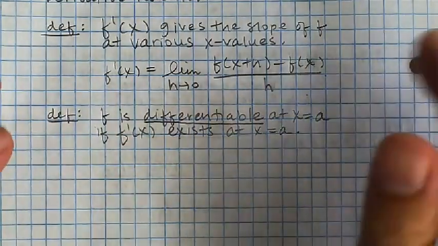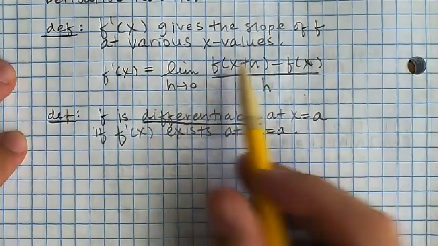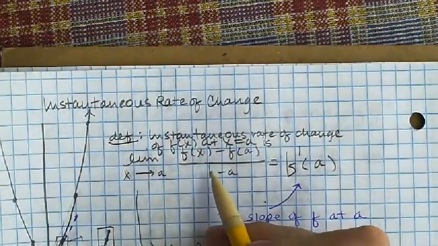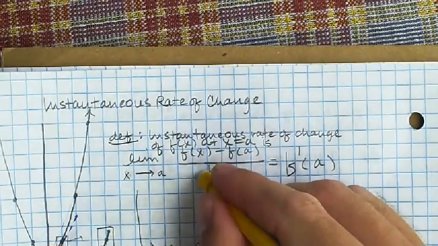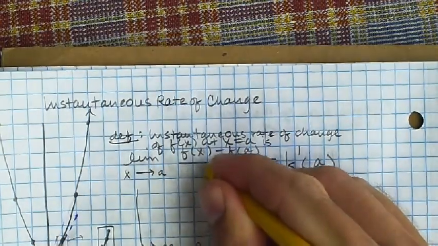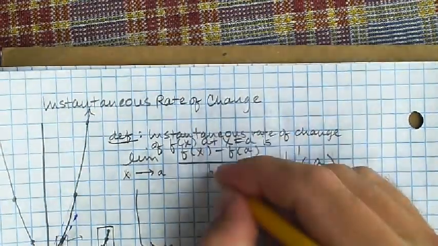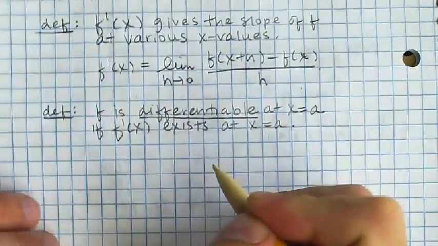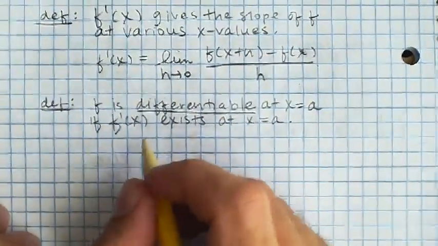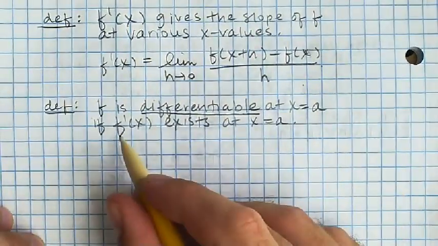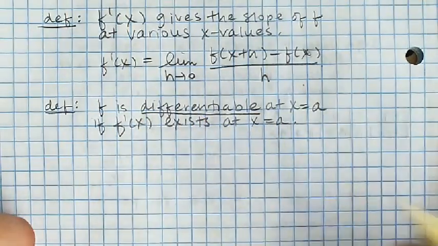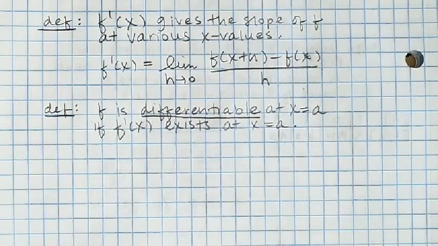Basically, that this limit at x equals a exists, and I'm realizing I changed that b, but I didn't change that b, so I'm going to do that now. And if that limit does not exist, if f prime of x does not exist at x equals a, we would say that f is not differentiable. And I'm going to show you ways that that limit could not exist.